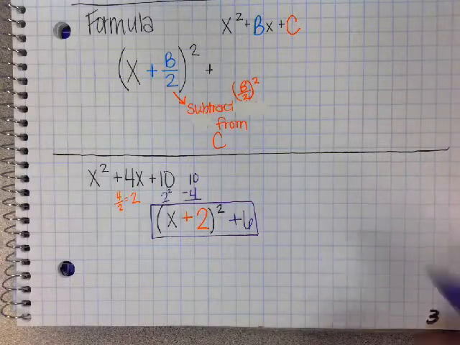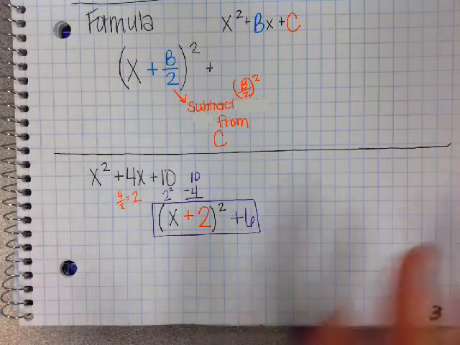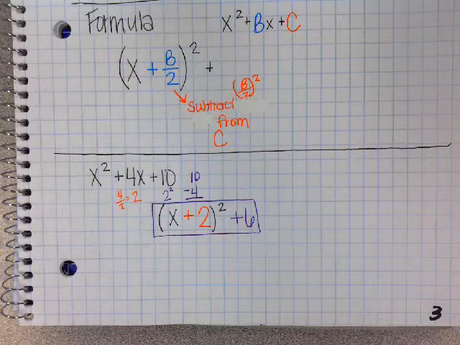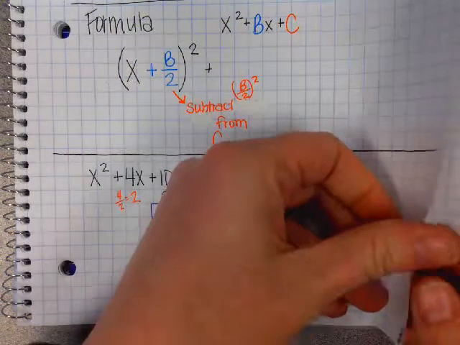Notice it's the same exact thing, x plus 2 squared plus 6. So you make the decision if you prefer algebra tiles or if you prefer just using the formula. With this though, and I know I just told you they're in here right now, you will have algebra tiles available to you for the unit test. I don't know about the EOC though. When we take the EOC, I don't know if we'll have algebra tiles.